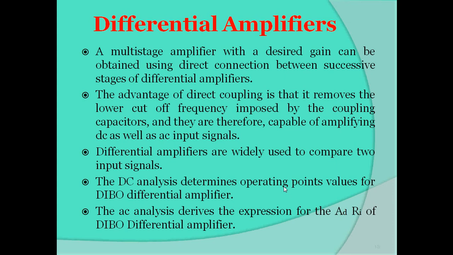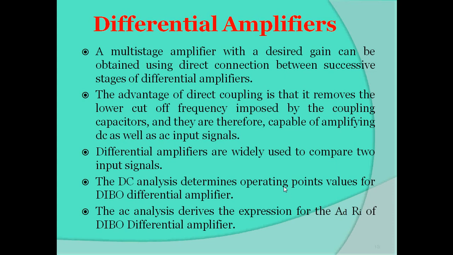There are four configurations. Now we want to find out the operating points for this differential amplifier, what should be the gain provided, and what should be the input resistance provided by these amplifiers. We have to go for its analysis.